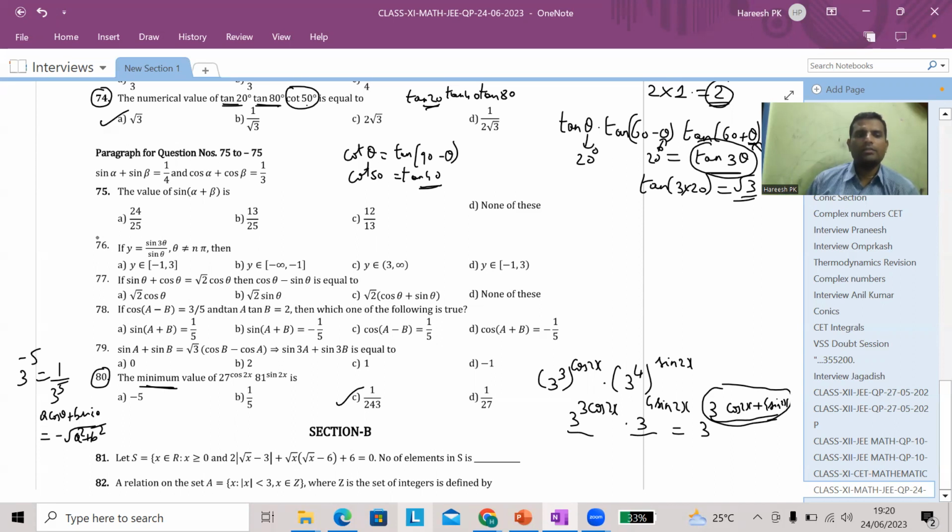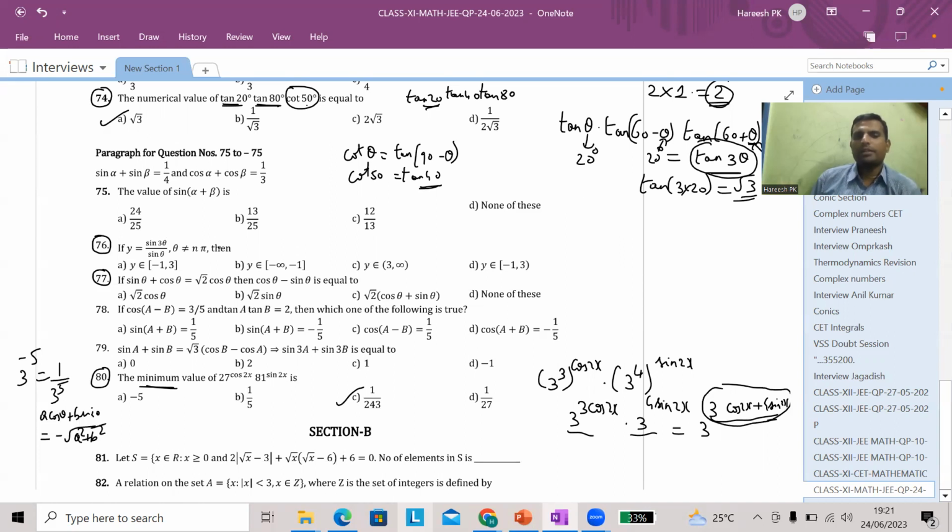Now, other easy questions. 76th is easy. 77th is easy. Let us try them first. So 76th. They are asking, what is the range of sine 3 theta by sine theta?